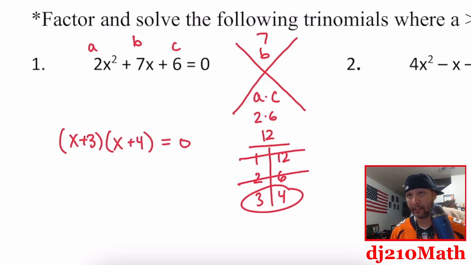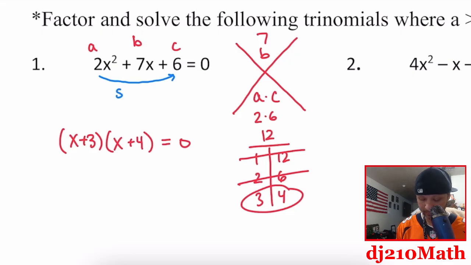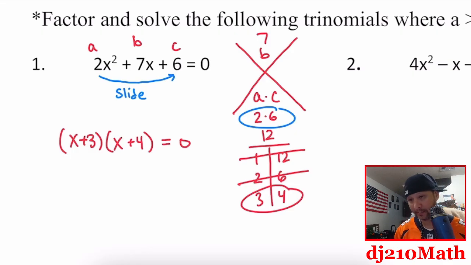Okay, so the method that we're doing is called the slide and divide method. I didn't come up with it. The sliding part of the method, that's the 2 times 6. When we do 2 times 6 or A times C, some people call it the AC method.